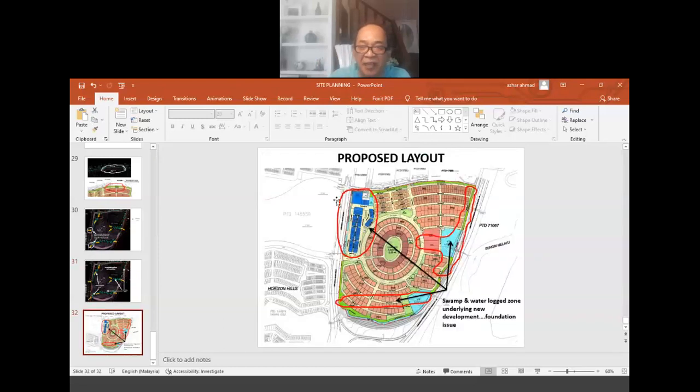So for buildings located in the commercial zone and part of the residential zone will have special foundation, maybe a pile foundation, maybe a raft foundation, but not a natural pad foundation. It will not work because of the soil condition that would naturally affect the settlement of the building.